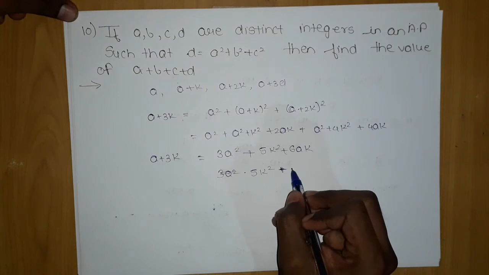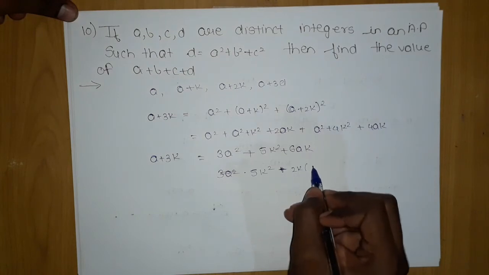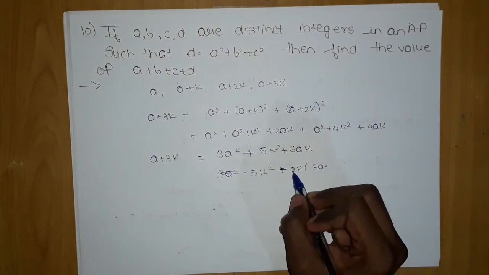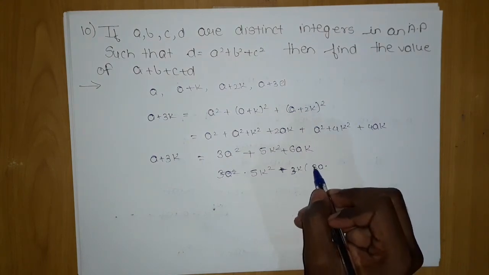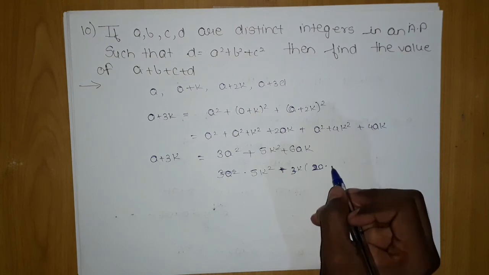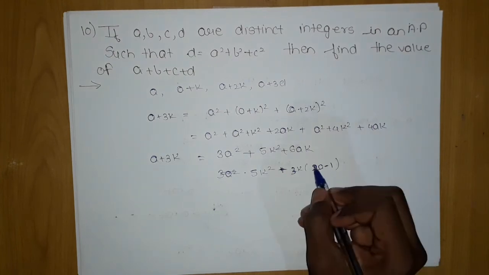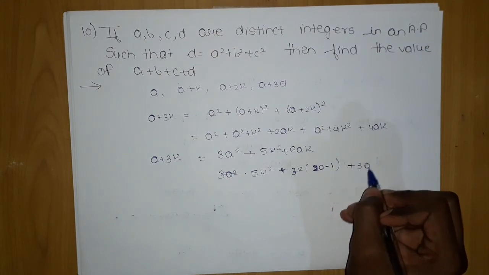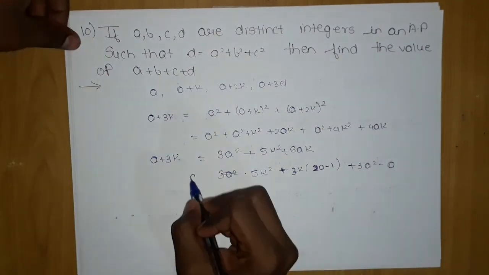If I take 3k common, what I have is 5k square plus 3k times 2a minus 1, plus 3a square minus a. This is equal to 0.